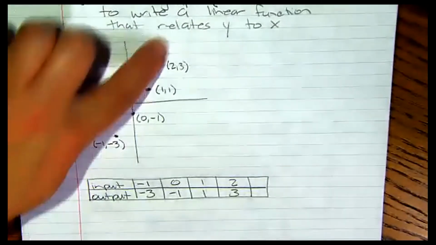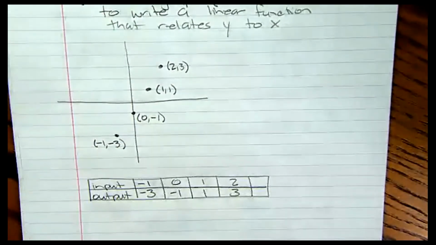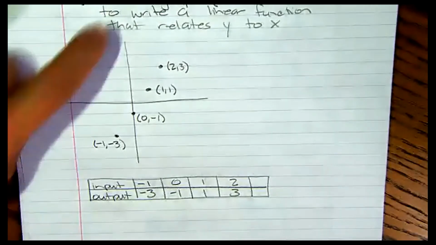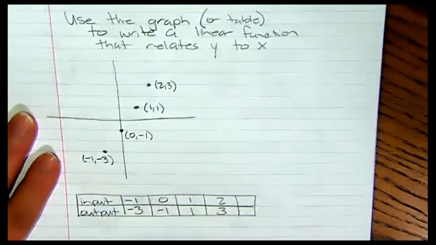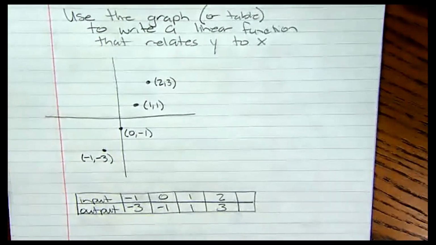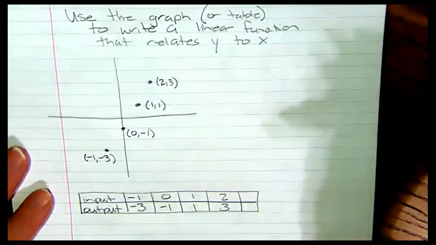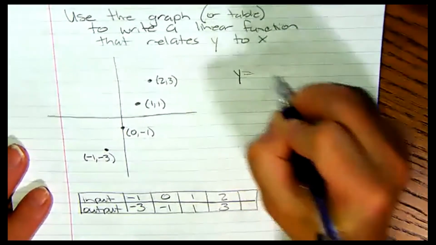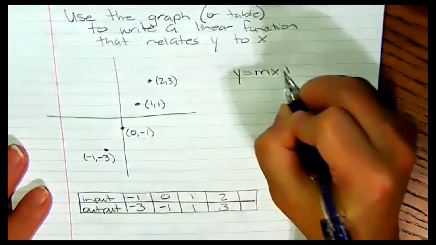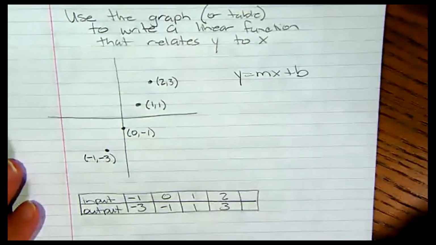So the book will give you a graph or a table, and they want you to write the linear function, also known as the linear equation, that this represents. So we know that a linear equation or a linear function is represented by y equals mx plus b.